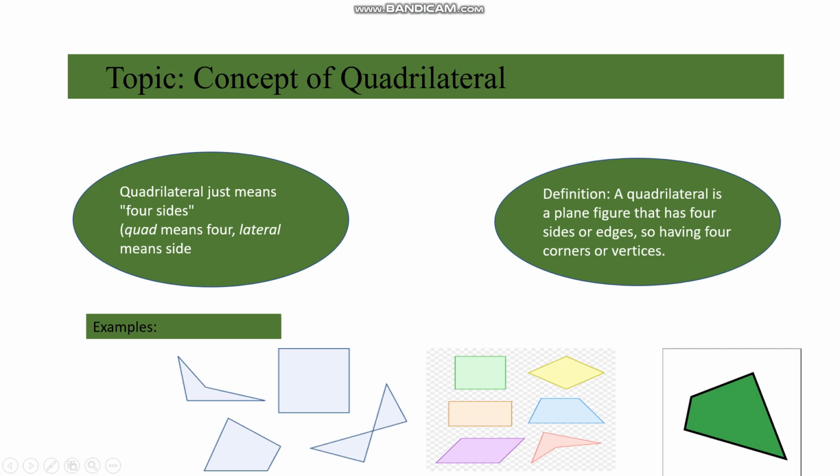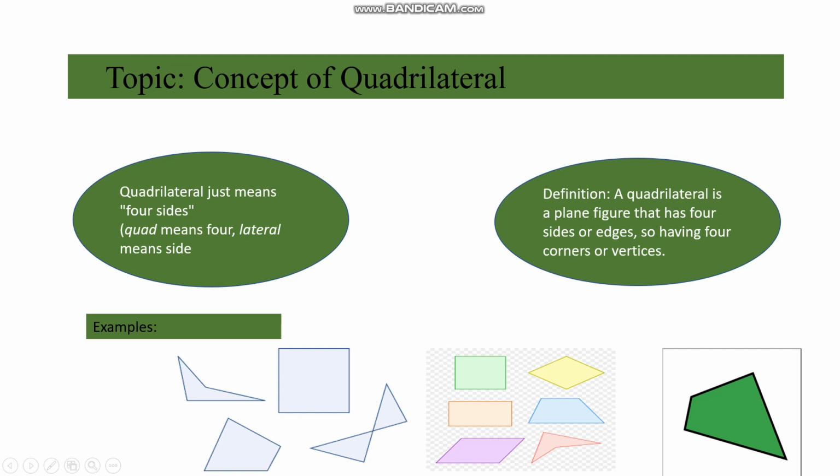This one also is an example of a quadrilateral: first side, second side, third side and fourth side. So this is also an example of a quadrilateral because it is a closed figure with four sides. This one also is an example.